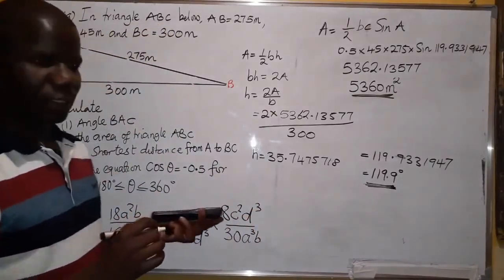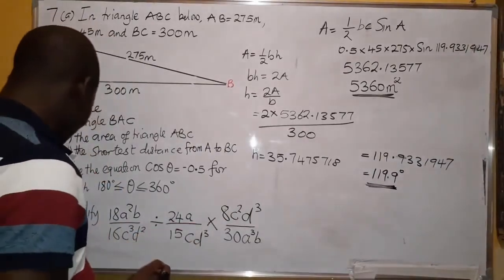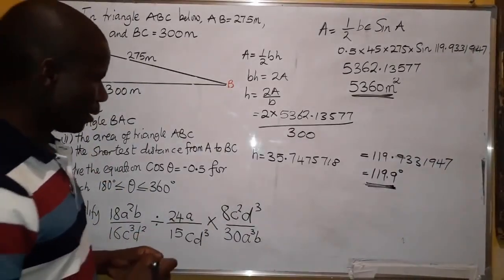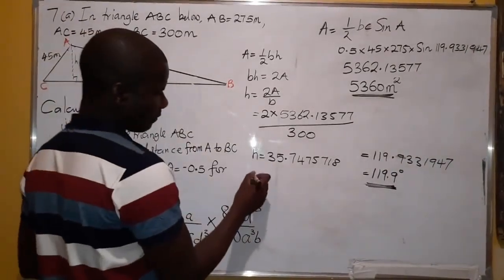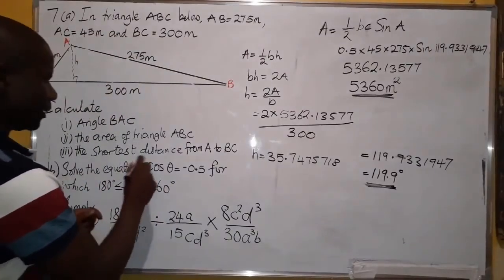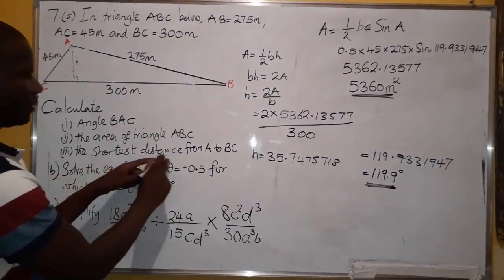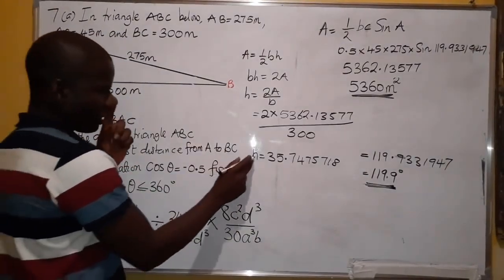So such answers, we are told we need to round off or to write them correct to 3 significant figures. So the shortest distance here, the shortest distance from A to BC, we round off this same one.